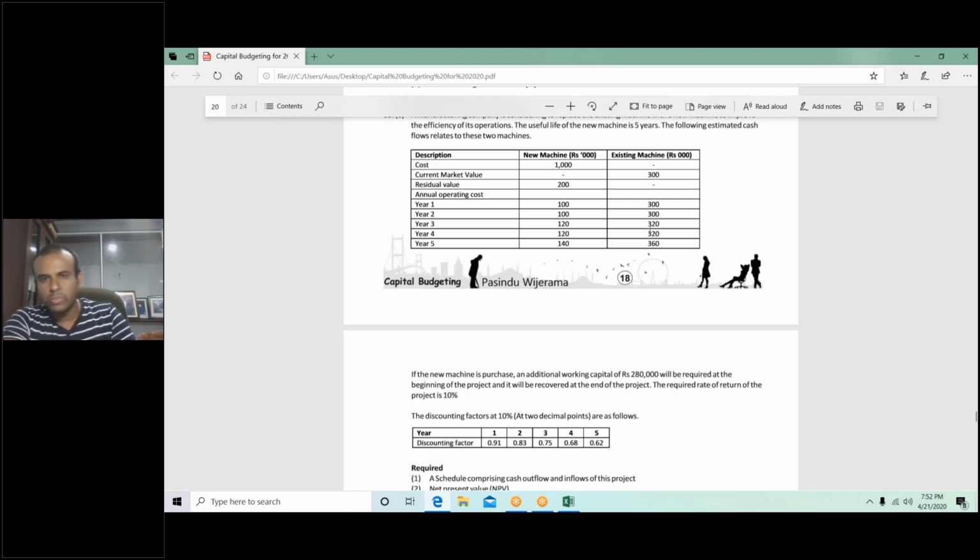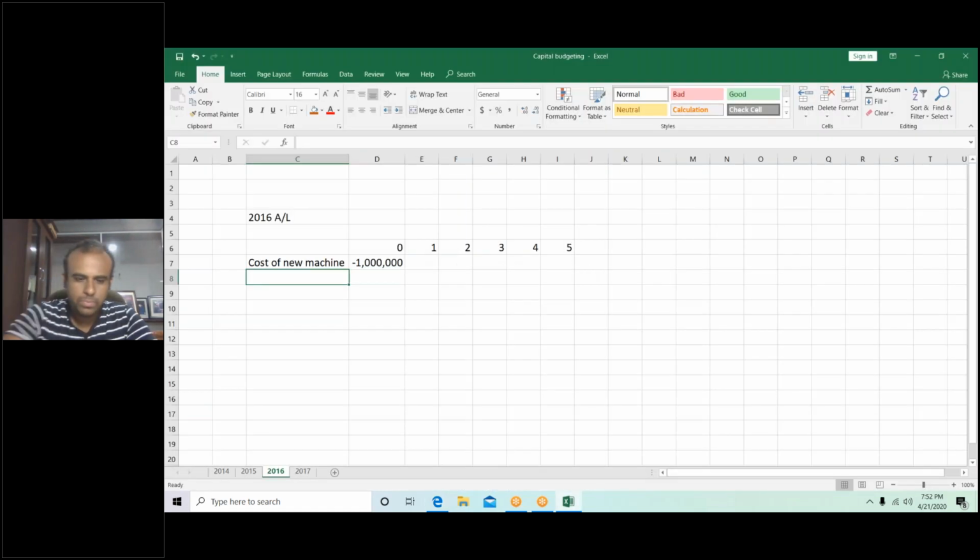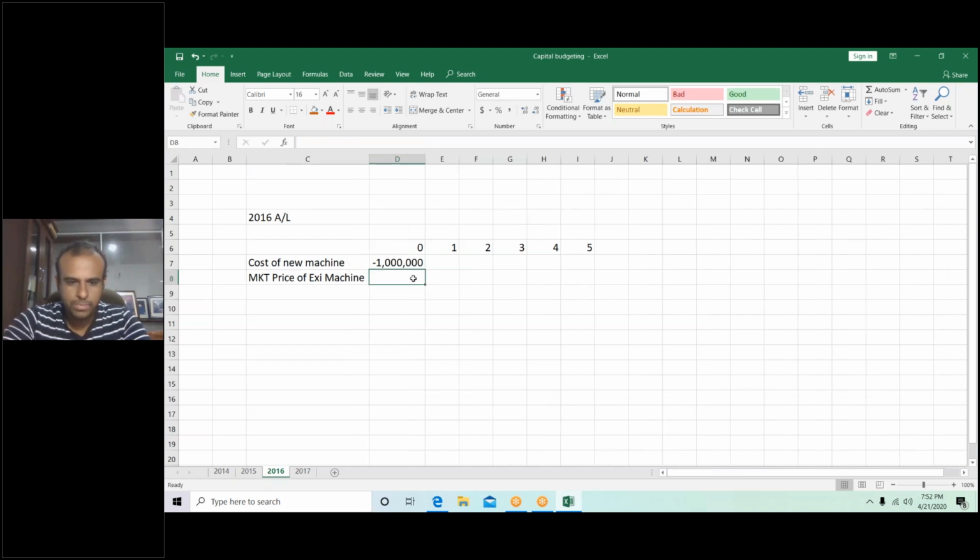It is a cash inflow, the market price, which is an opportunity cost adjustment: market price of the existing machine, rupees 300,000. Clear?